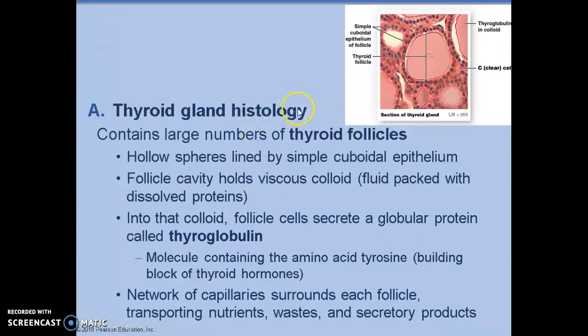So histology is the study of the tissue, and if you were to look at the thyroid, you would see these large, clear-looking follicles, and then there's other cells in between. Now, the follicle is surrounded by simple cuboidal epithelium, and if you recall, simple cuboidal secretes and absorbs. This follicle is loaded with proteins, which makes it kind of thick or viscous.